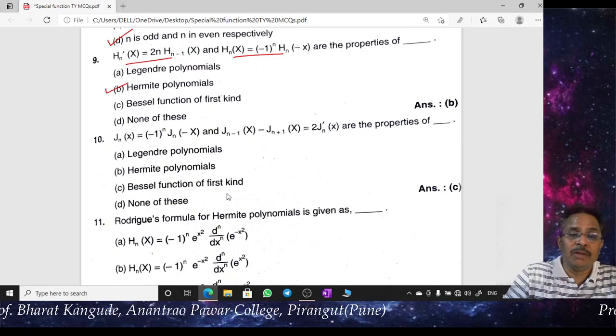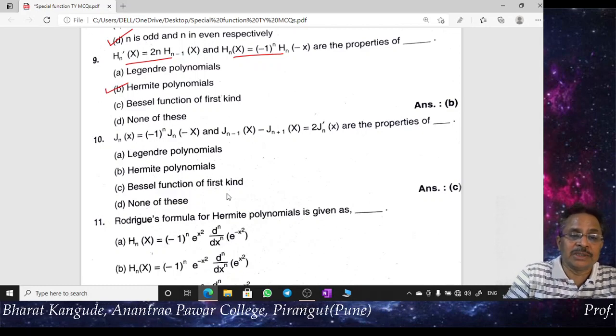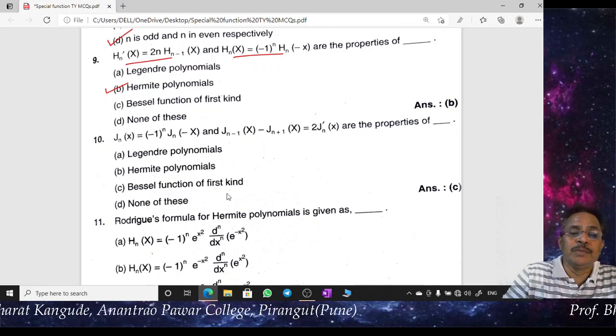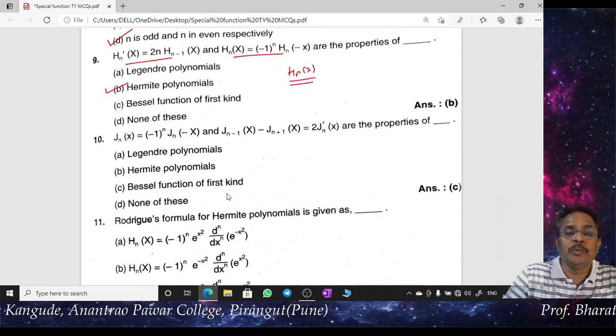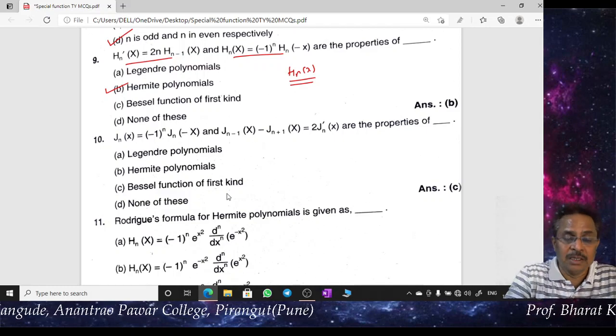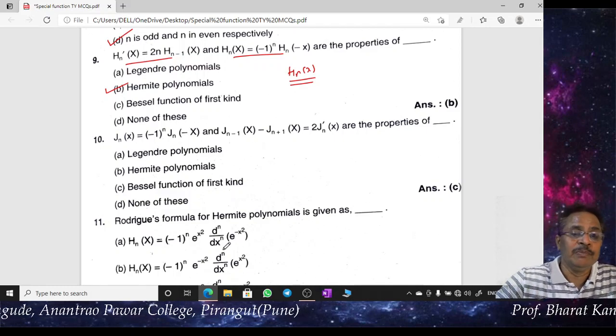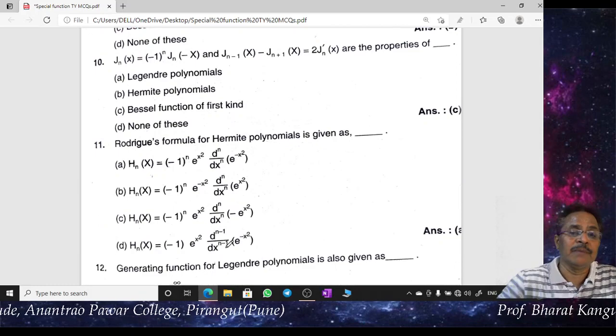Whenever we are asked, this is a very simple question in fact, we use the symbol Hn of x to define the Hermite polynomial. So naturally all these properties are properties of the Hermite polynomial. Question number 10 is also just the same.